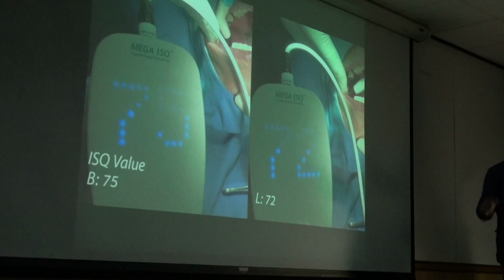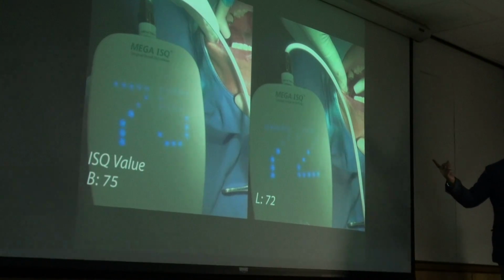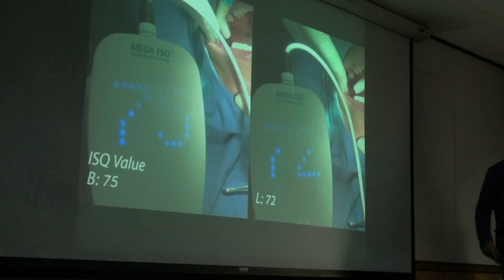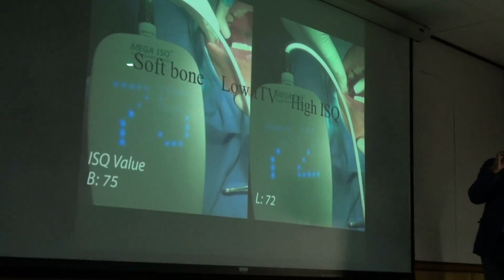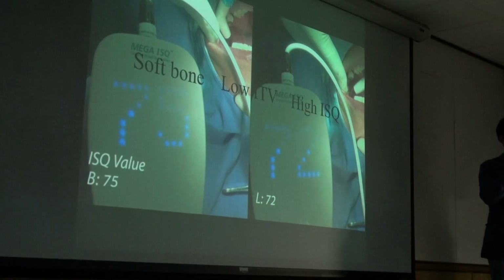So only based upon the ISQ values, we cannot decide the loading protocol. It's very, very important. So, soft bone, low ITV, high ISQ. We have to believe these two factors, so it's a sign for conventional loading.